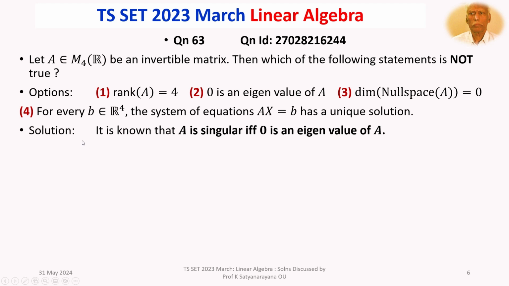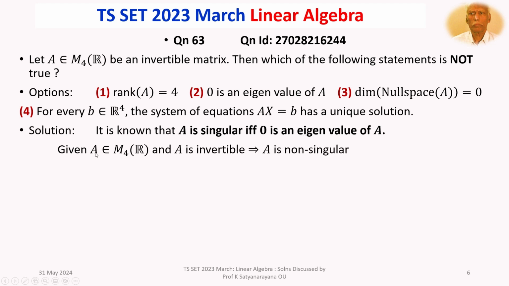By looking at these options, for me, option 2 is not true. How? It is known that A is singular if and only if 0 is an eigenvalue of A. This is the theorem that we know.